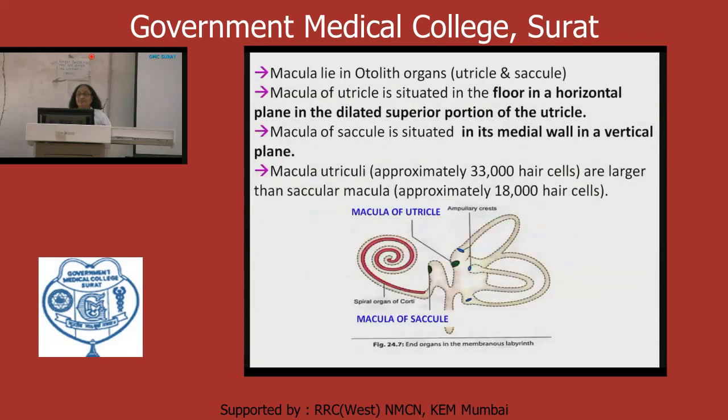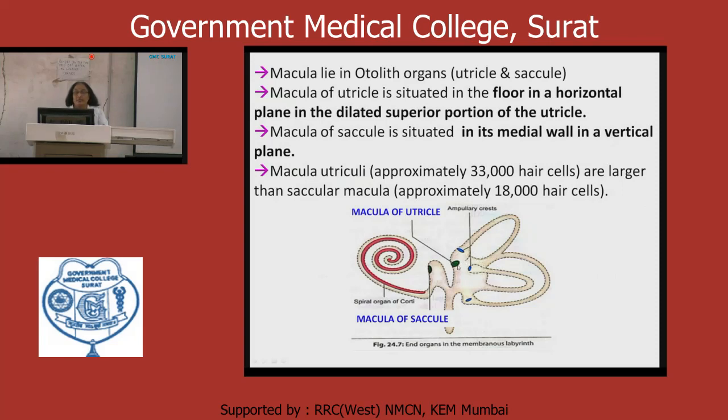Now we'll move toward the figure. This is the saccule, with the macula anteriorly and posteriorly, right? The green color indicates that the macula of the utricle is situated in the floor of the horizontal plane, in the dilated superior portion of the utricle.